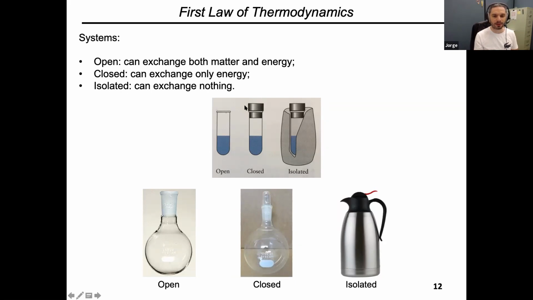And finally, isolated system, which is a system that can exchange nothing. So in an isolated system, we cannot have exchange of matter, and we cannot have exchange of energy as well.